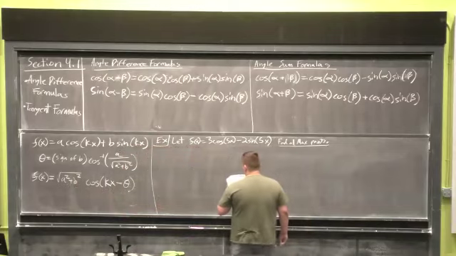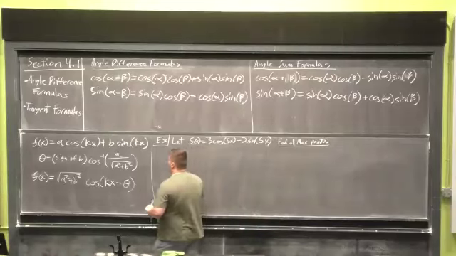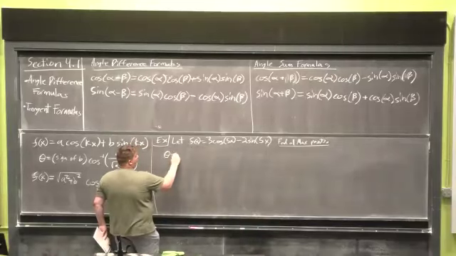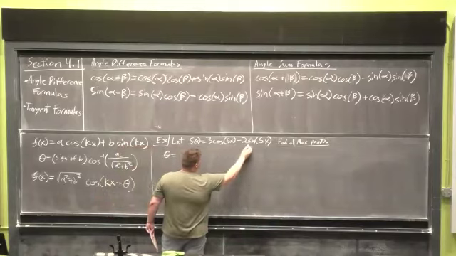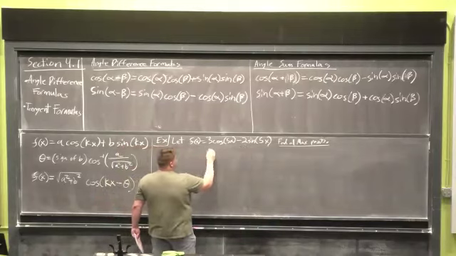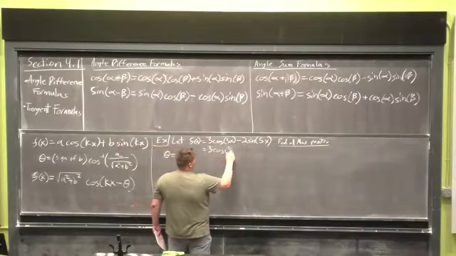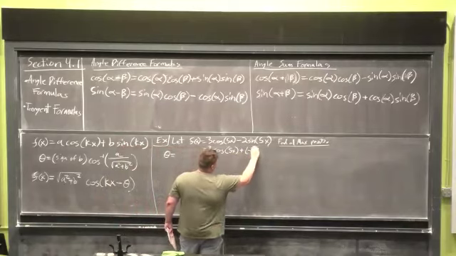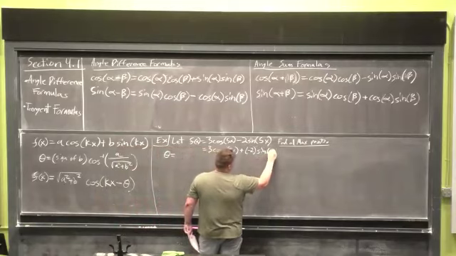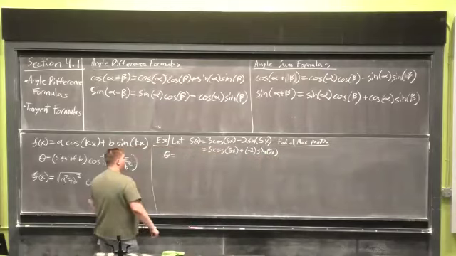So let's first start with that. Let's start with theta. So theta is equal to, we want the sine of b. So here we could think of this as 3 cosine of 5x plus negative 2 times sine of 5x. So we have the sine of negative 2.